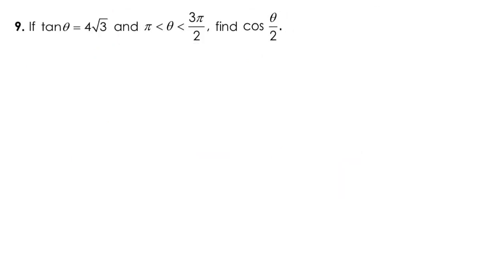Okay, so let's find out cosine of theta over 2, what that looks like. So, finding our formula for that, you're going to have the square root, and that's going to be 1 plus cosine theta all over 2.